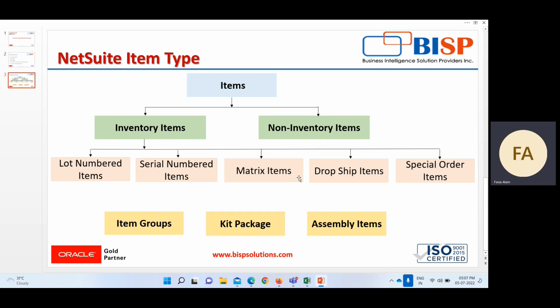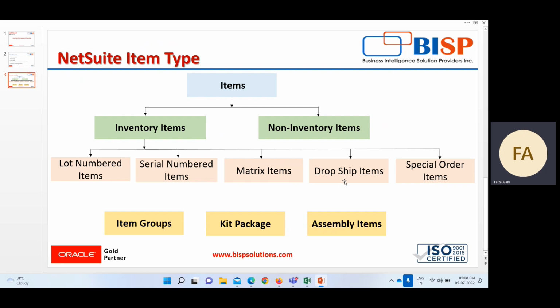Dropship items, if we talk about the dropship items, here we can take an example. If we get an order from our customer, and after checking our inventory, we get to know that the items are not available in our inventory, in that case we order this from certain vendors, and that vendor will be supplying the goods to the customer directly.